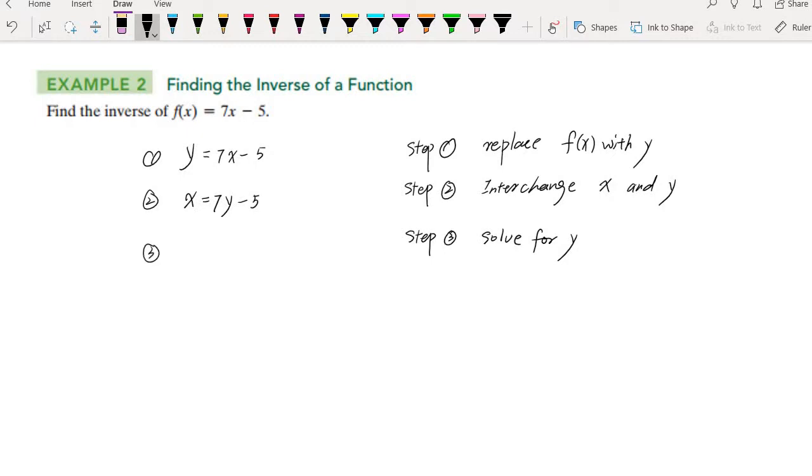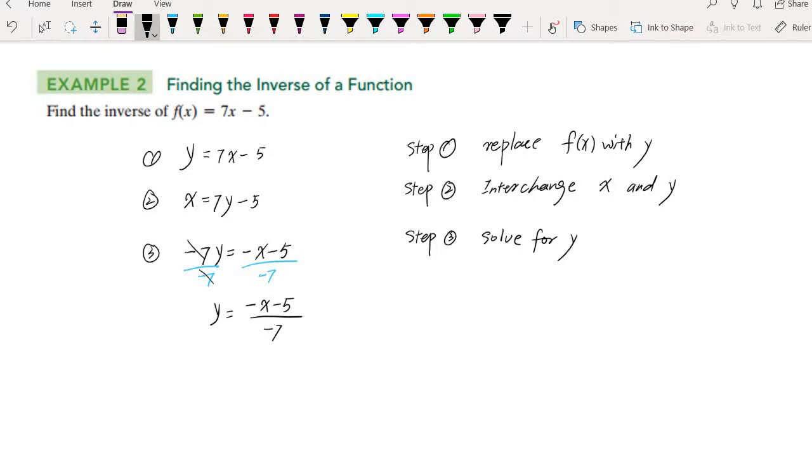In this case, I'm going to subtract 7y from both sides. I'm going to have negative 7y. And then I'm going to move the x to the other side. Positive becomes negative, that will be negative x minus 5. Once we have this, we're going to divide by negative 7 on both sides. So we're going to have y equal to negative x minus 5 over negative 7.